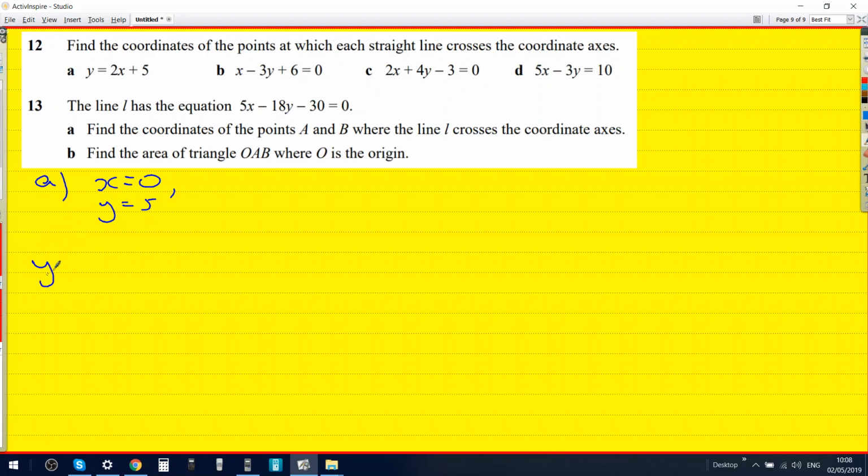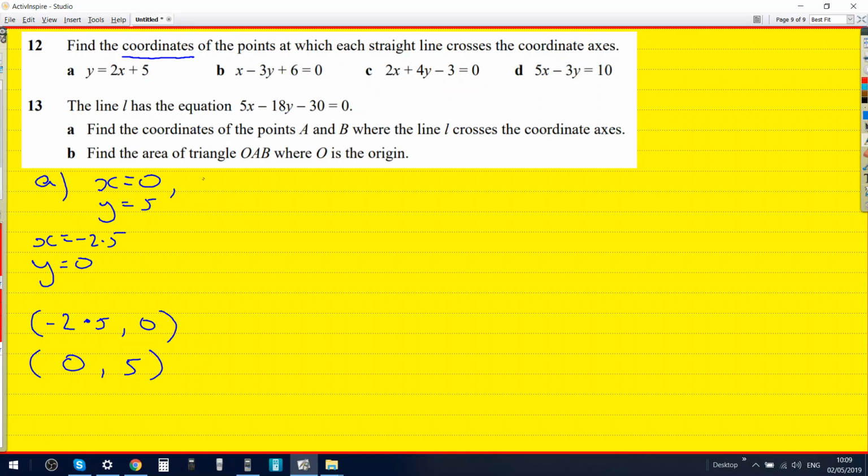And so when Y is 0, X equals minus 2.5. And what would those two be? They said find the coordinates. So minus 2.5, 0. And the first one? 0, 5. Yeah. So they asked for coordinates, we gave them coordinates.